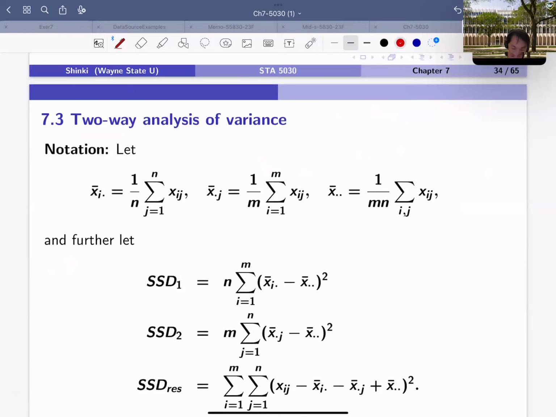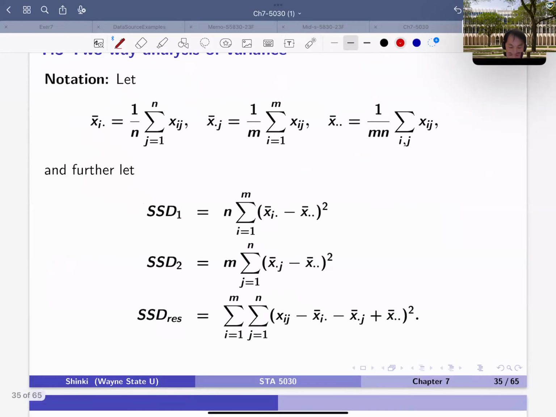Okay, so we have similar notions to the one-way ANOVA. We calculate the sum of squared deviations for the first factor, SSD1, and the second factor, SSD2, and SSD residual. So at first we define X bar i dot.